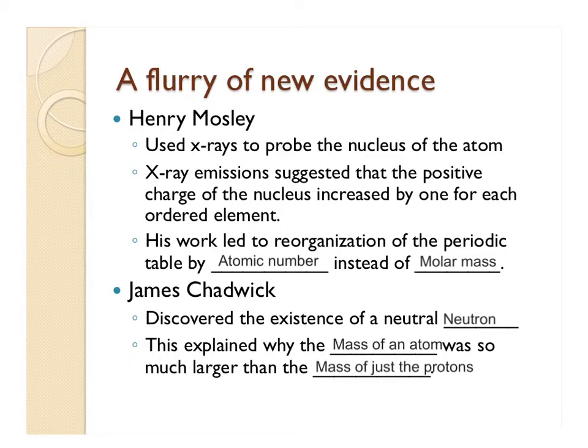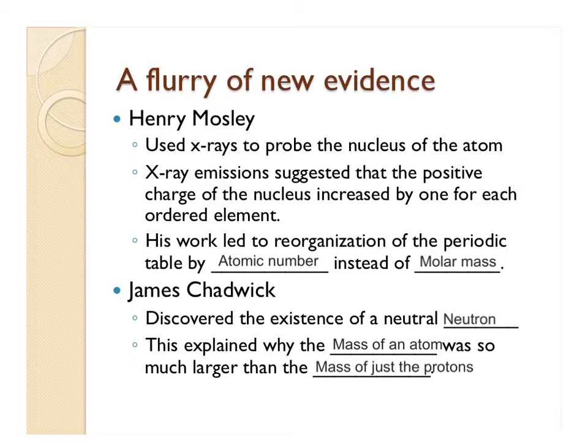The addition of the neutral neutron to the model of the atom actually happened much later than the discovery of the electrons and protons. It was a lot more difficult to detect the neutron because it didn't have a charge. But once they did, and another important fact that is reflected in the models of the atom we're going to study is that neutrons and protons are much, much bigger than electrons, so they are the two subatomic particles that contribute the most to the mass of the atom.